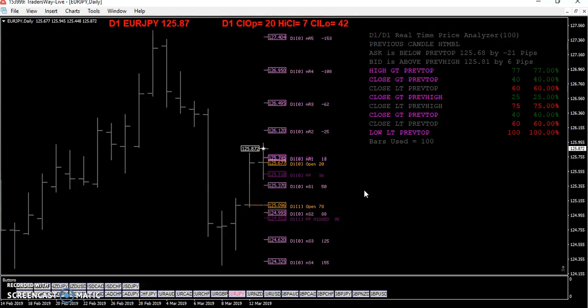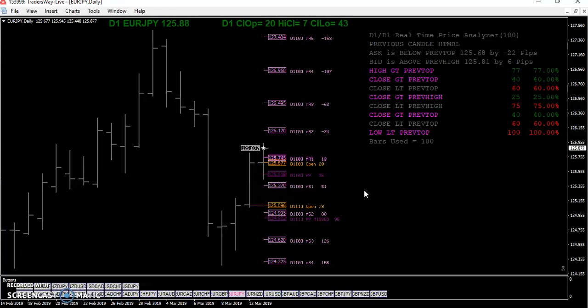So if you think about it, what is this telling you? It's telling you the likely behavior of the trade. What's most likely to happen. Now, anything can happen. This is not a crystal ball. This is just what I call my real-time price analyzer.